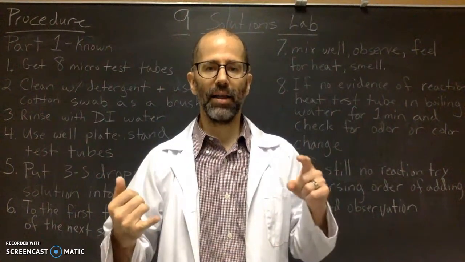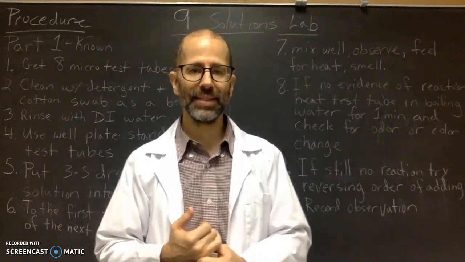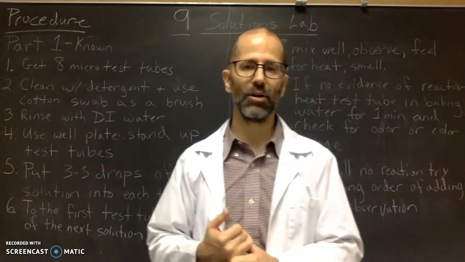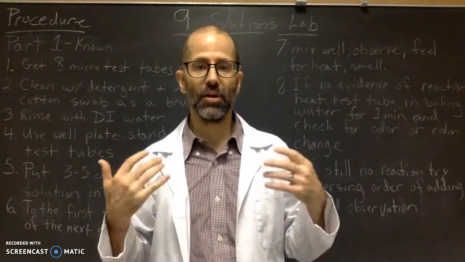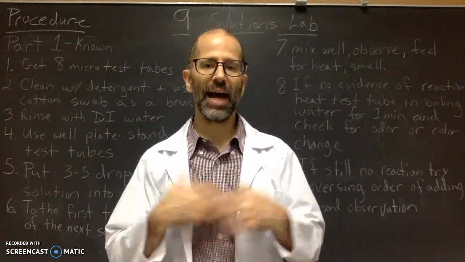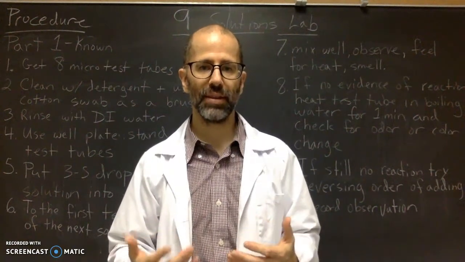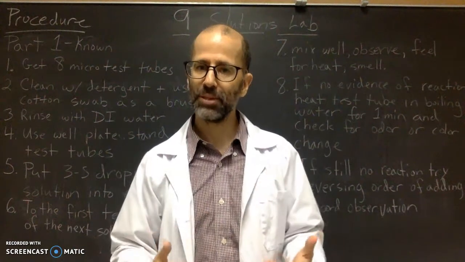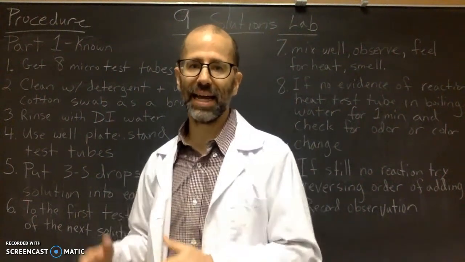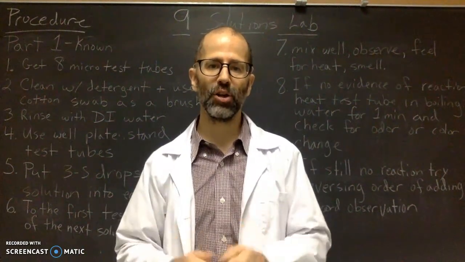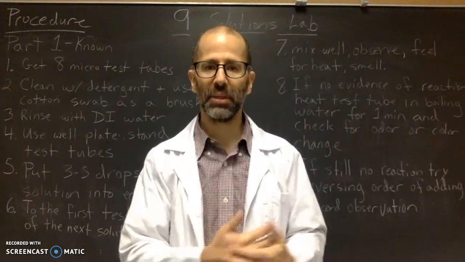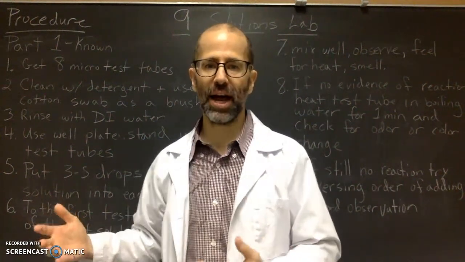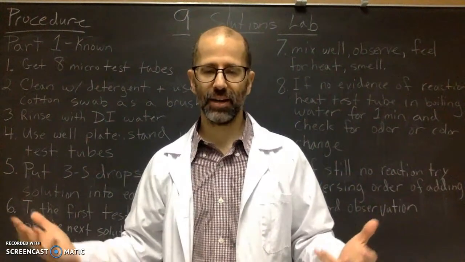Okay. And then on day 2, you're doing the exact same thing, except now you're going to have 9 unknowns. So the 9 substances you're working with on the first day are going to be the same substances you're working with on the second day. However, you're not going to know which one is which. They're going to be labeled like 1 through 9 or A through J or whatever.